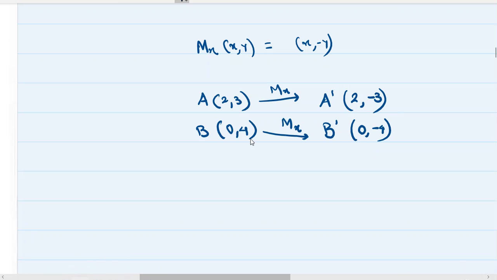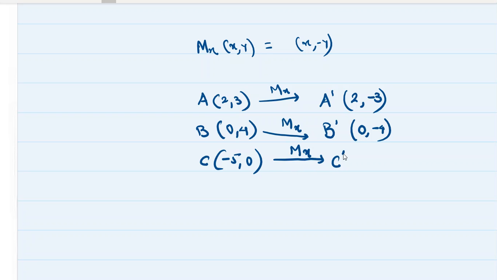Okay, let's take one more example, maybe point C, which is let's say (−5, 0). We will reflect this point in x axis and will find its reflection C dash. Now this point (−5, 0) is on the x axis.